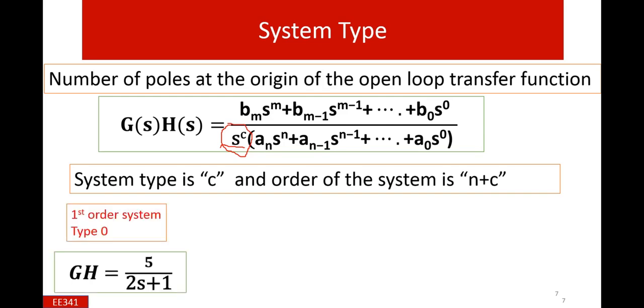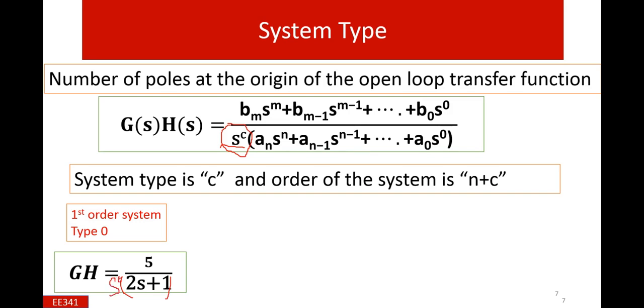So let's see this example. Similarly, we revise this example. In this case, it is a first order system because the maximum power of s in the denominator part is 1, and this is type 0. It means there is no pole at the origin. We can represent it as s raised to power 0.